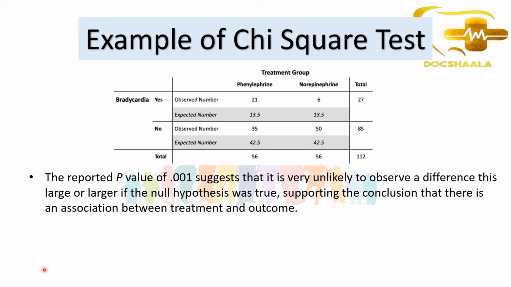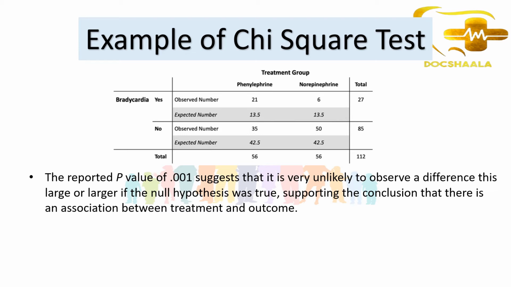The reported p value of 0.01 suggests that it is very unlikely to observe a difference this large or larger if the null hypothesis were true. According to the null hypothesis, there is no comparison between treatment and outcome group, so the difference should be 0, but here it is not 0, right? There is a difference.